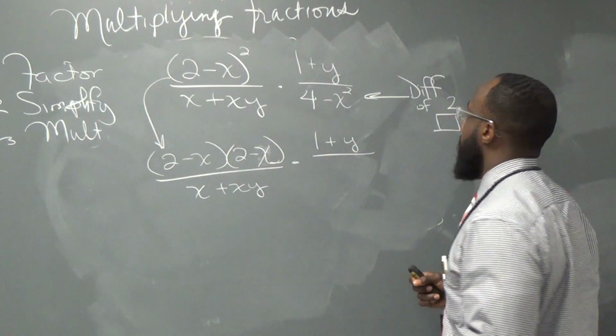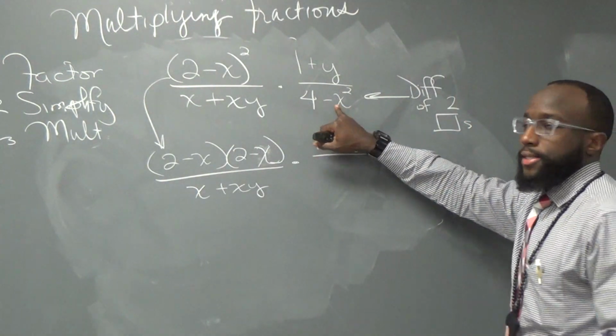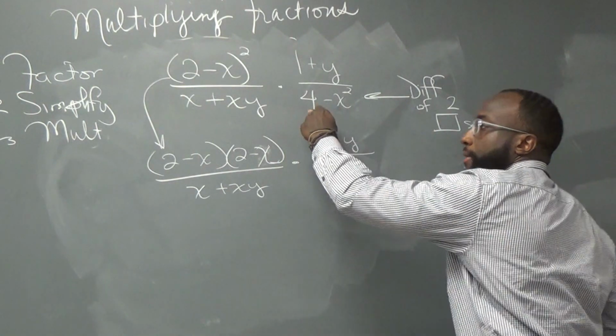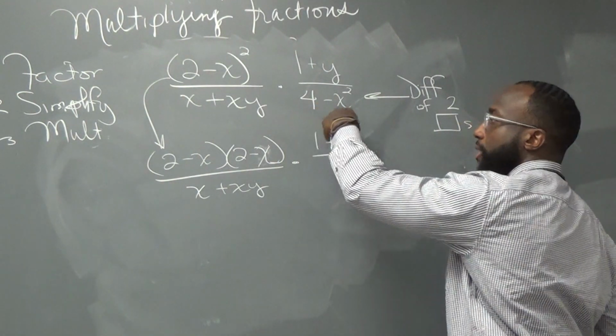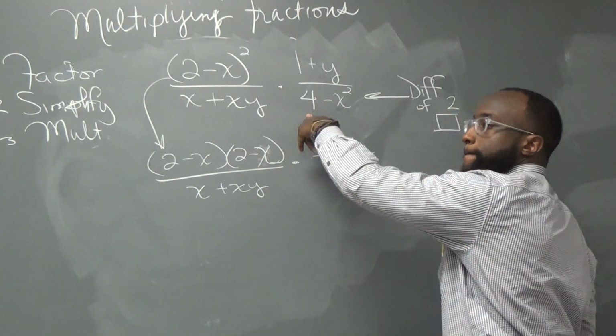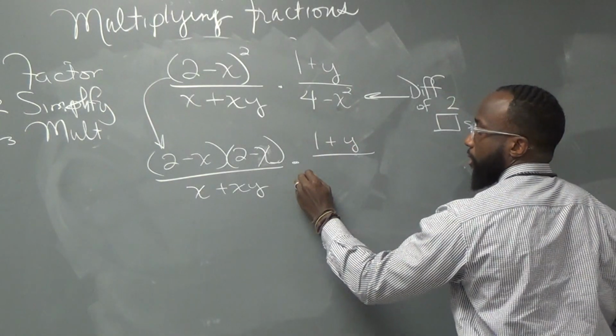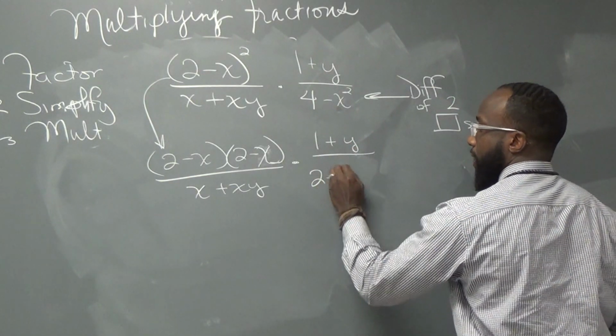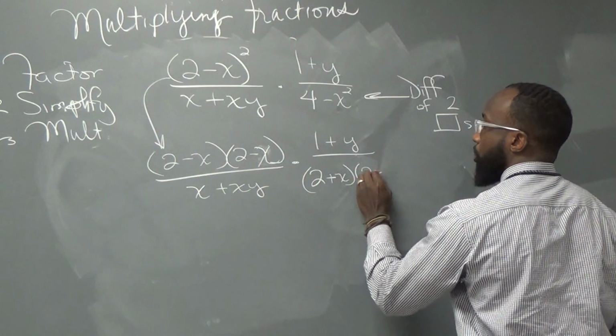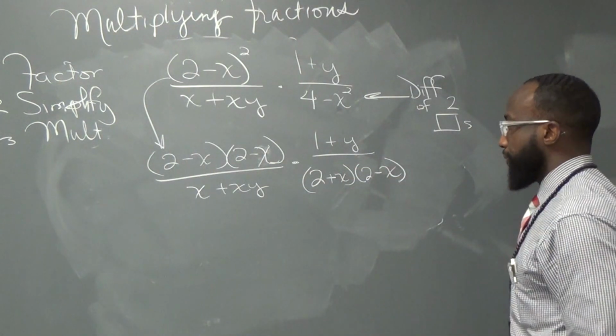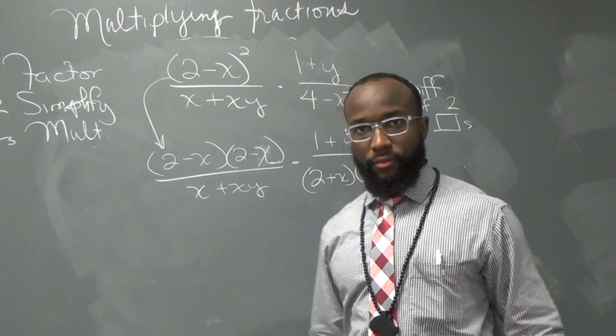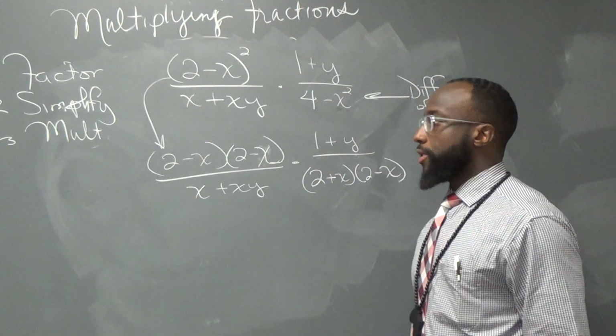Alright, so when you have the difference of 2 squares, that's going to be the square root of 4 plus x and the square root of 4 minus x. So you're going to end up with 2 plus x times 2 minus x. Okay, we factored.